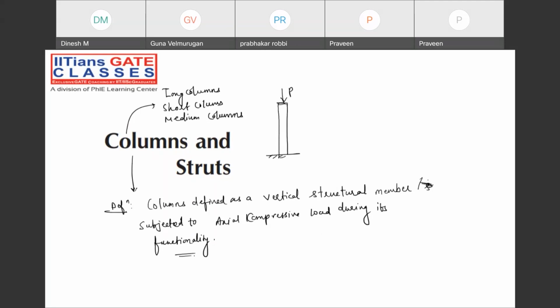Note down whatever I have written on these slides. Whenever you apply the compressive load, it will try to buckle like this. This beam will try to buckle like this if it is a long column, right? So note down, long columns generally fail by buckling.